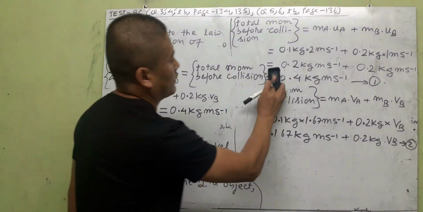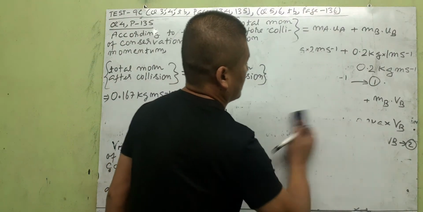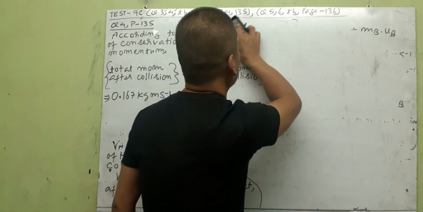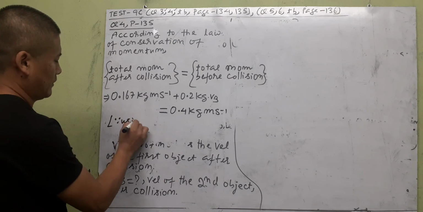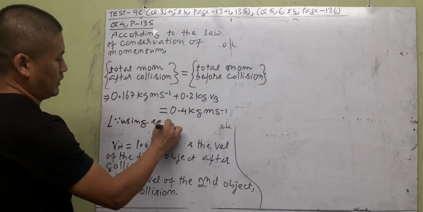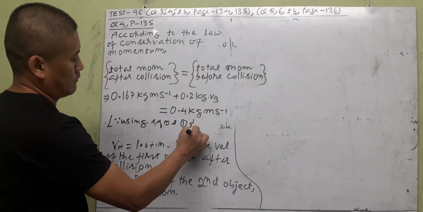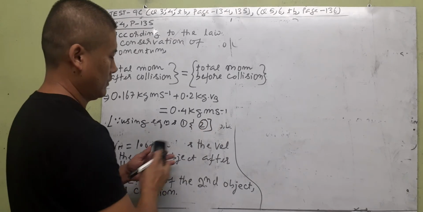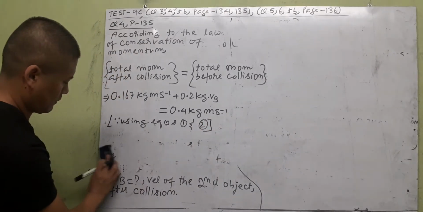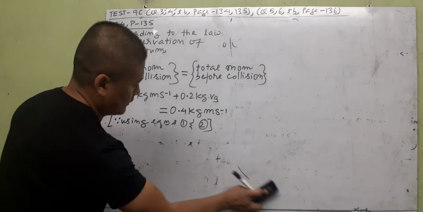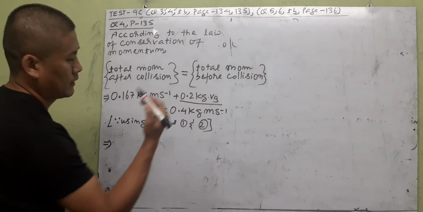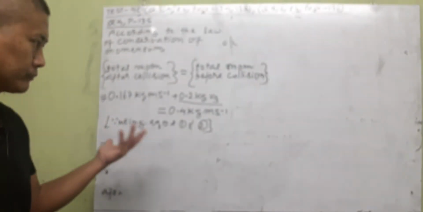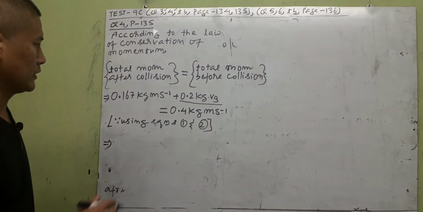And we may as well rub out these portions because we have already written, and then you can write here, since using equations 1 and 2, that implies the one containing the VB, the velocity of the second object after collision.